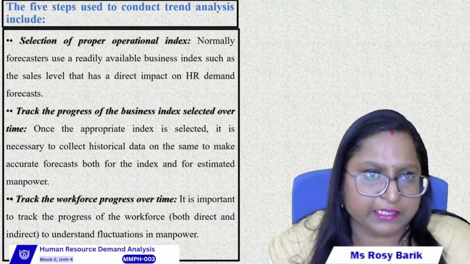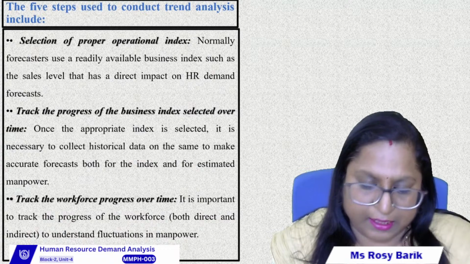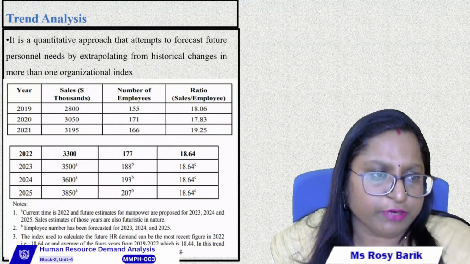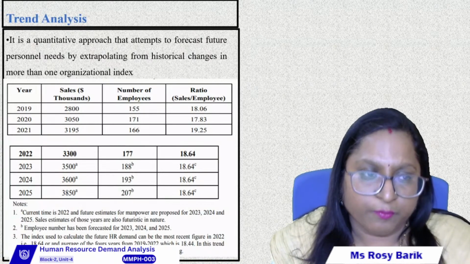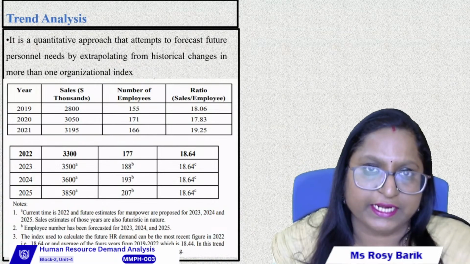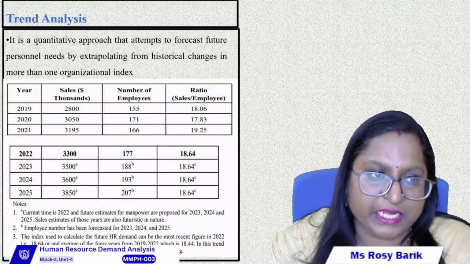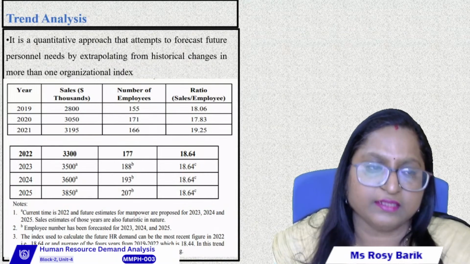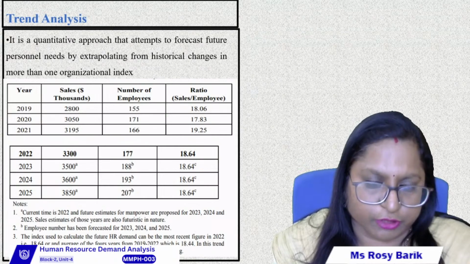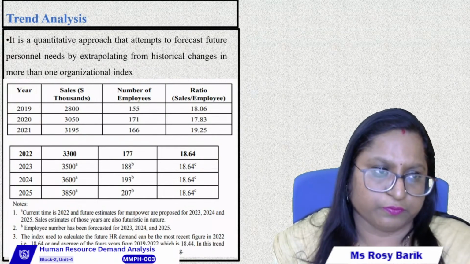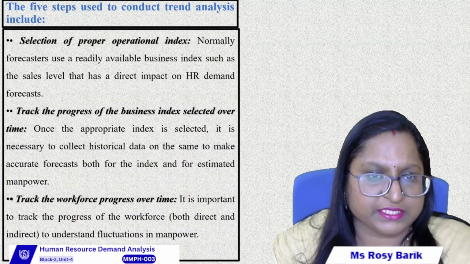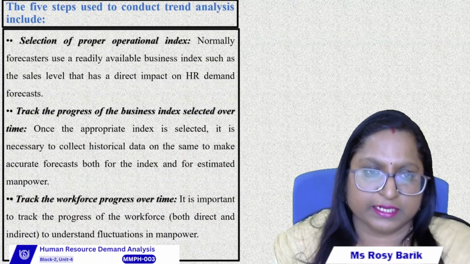As we have seen in the previous slide, if we consider 2022 as the current year, we can forecast the sales, number of employees and ratio of 2023, 2024 and 2025 based on the past previous year data, that is 2019, 2020, 2021 and 2022. The next step is to track the progress of the business index selected over time.